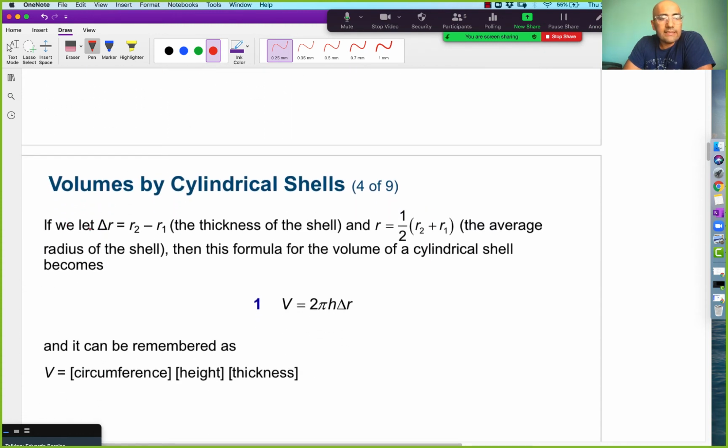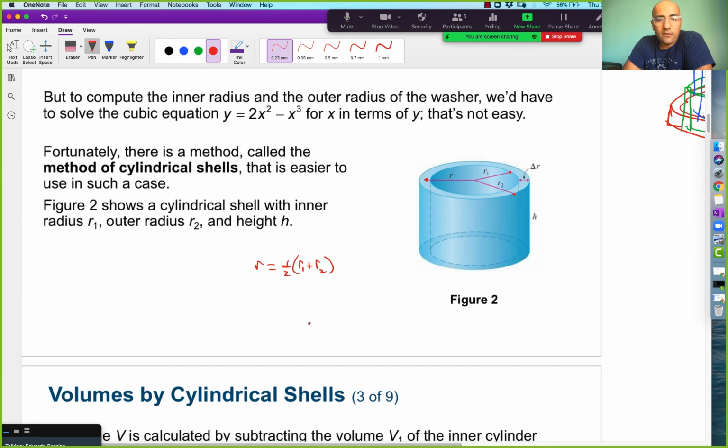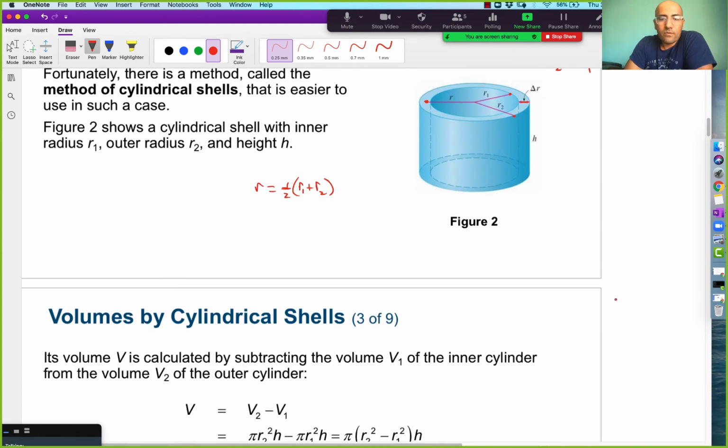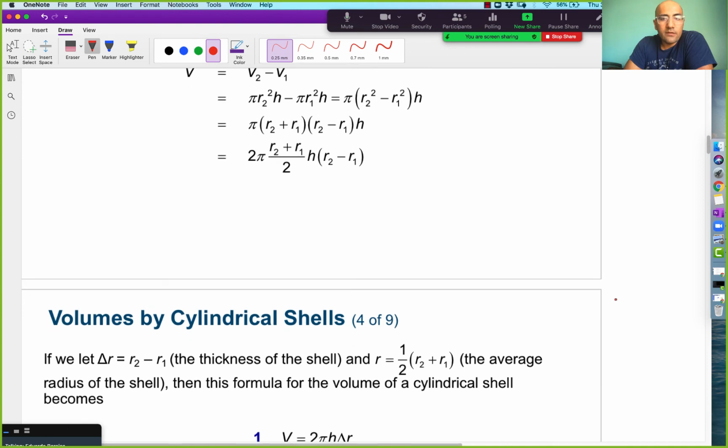Okay, so if we let delta r equal r sub 2 minus r sub 1, the thickness of the shell, going back to this again, if I add them and divide by 2, I get that. But if I think about the r sub 2 value minus the r sub 1 value, that gives me the delta r, the thickness of my cylindrical shell. So we're just developing a formula here.